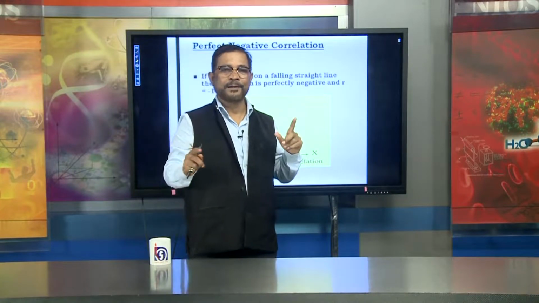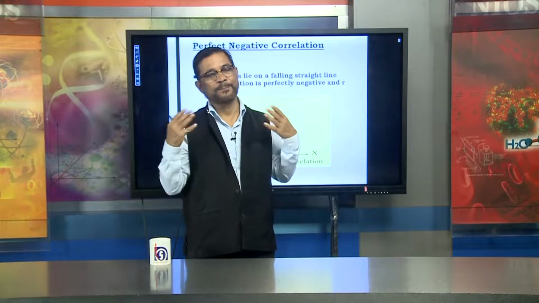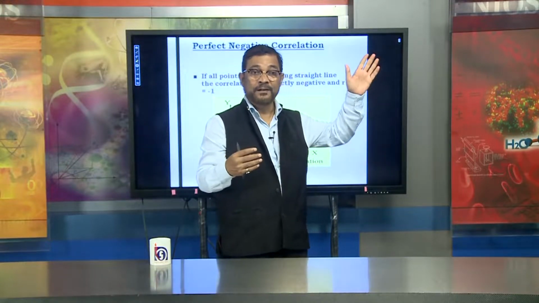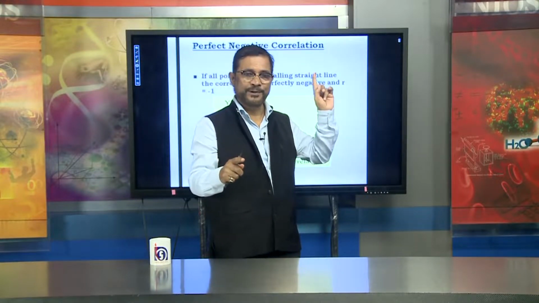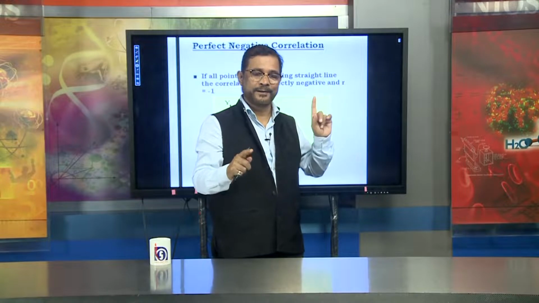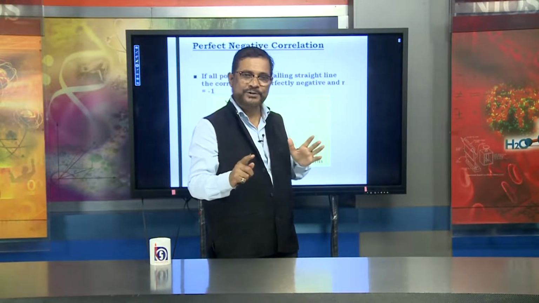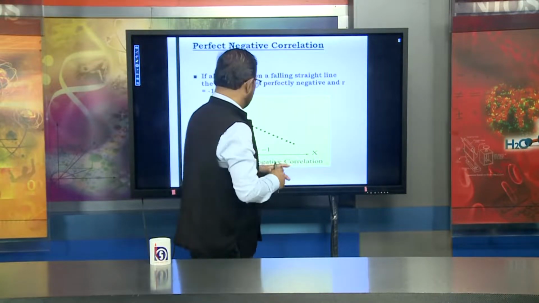It means that both the data are moving with the same proportion, same ratio, but they are negative. It means that one is increasing, the other is decreasing. In perfect positive correlation, one is increasing, the other is also increasing. But here it shows the opposite relationship.